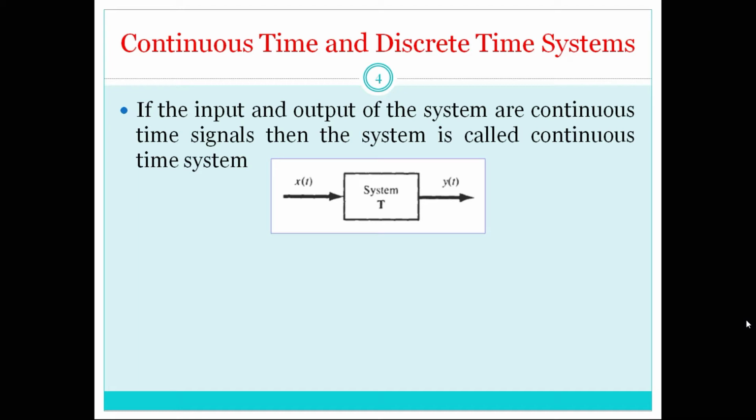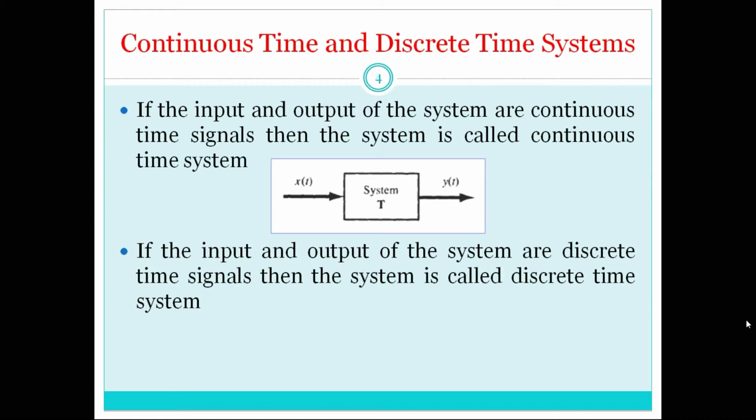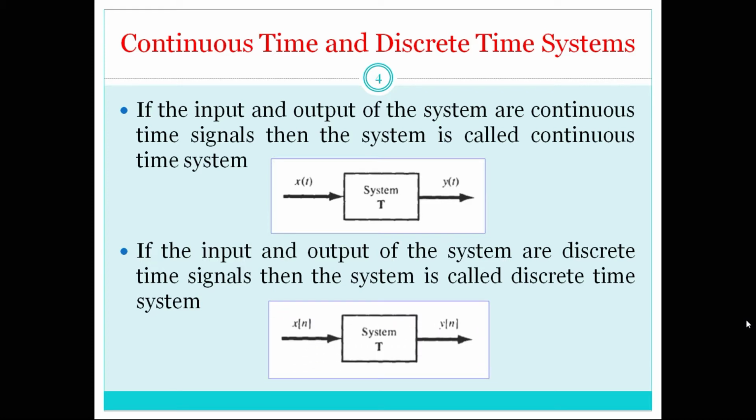If that is the case, then the system is called a continuous time system. Similarly, if the input and output of the system are discrete time signals, then the system is called a discrete time system. Here x of n is the discrete time input and y of n is the output, that is also in discrete time. So this system is called a discrete time system.